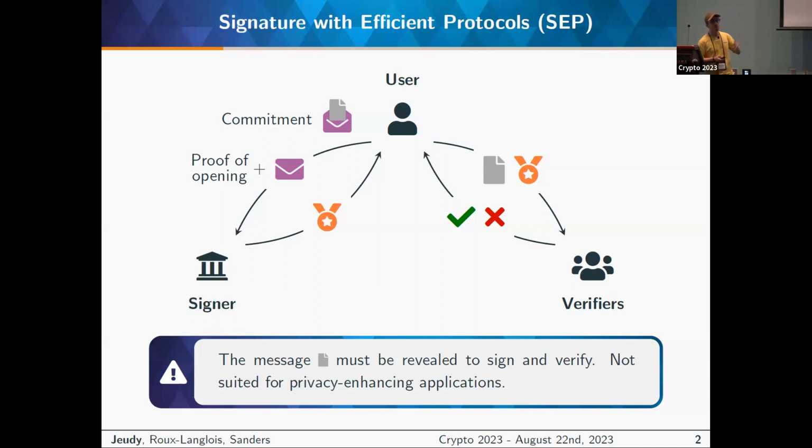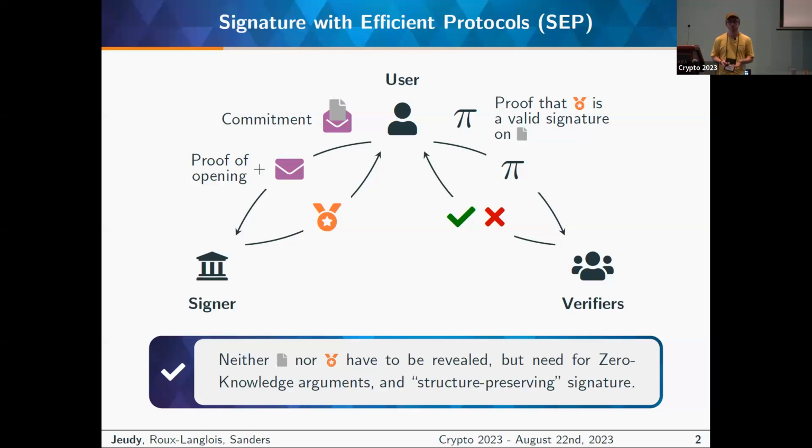And now instead of sending both to the verifiers, they will produce a zero-knowledge proof of the verification algorithm of the signature scheme by basically showing that they know a valid certificate on their data without revealing either to the verifiers. And so now the verifiers can once again publicly verify this proof and make sure that the user is allowed to authenticate into the system.